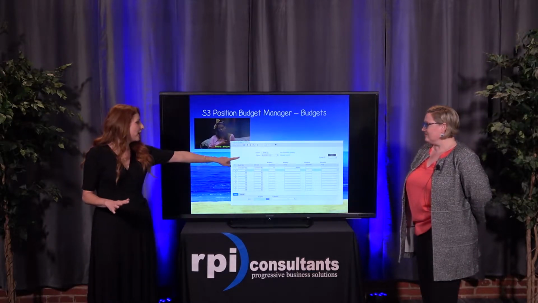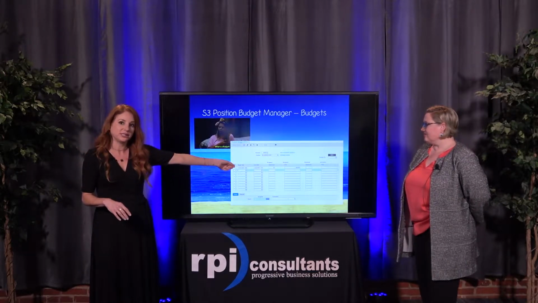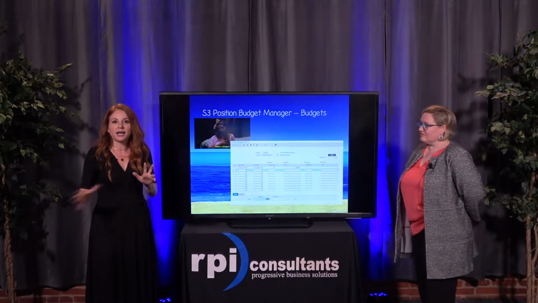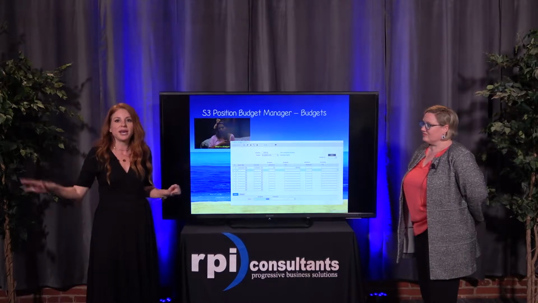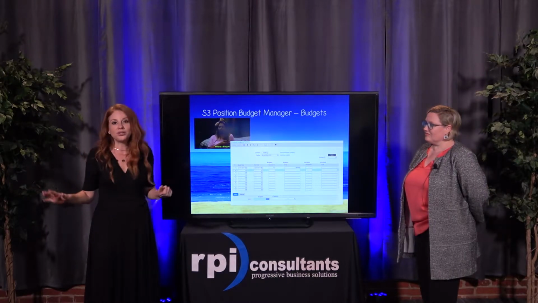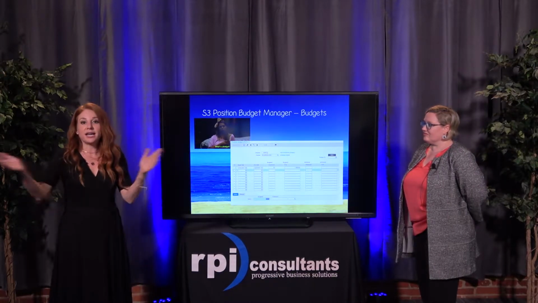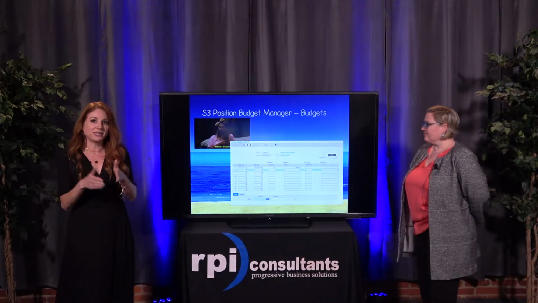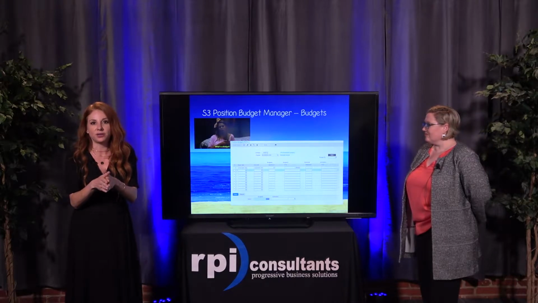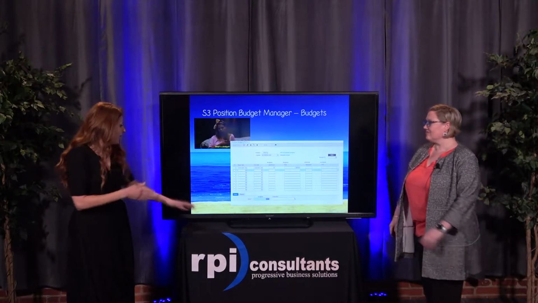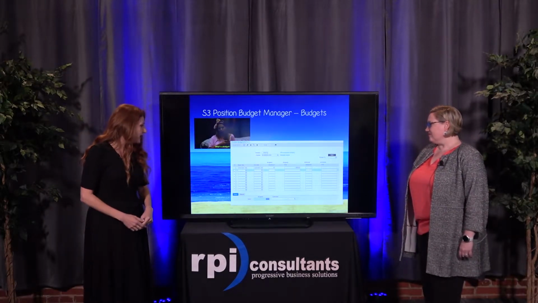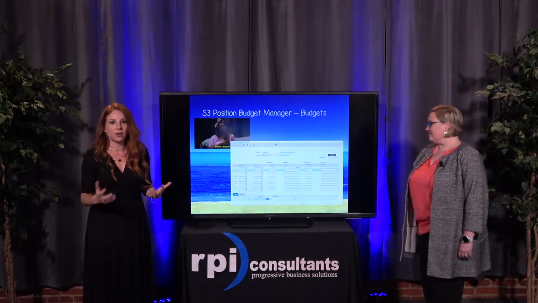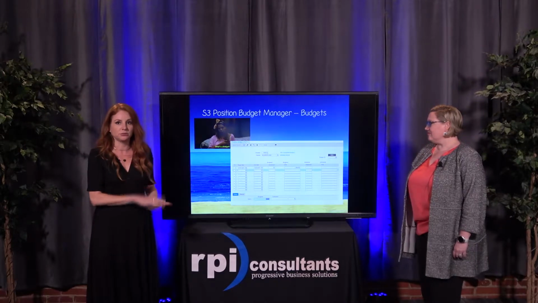Even though I have my budgeted 1 FTE per position, if I don't put an authorized FTE in there, then I can say, you know what, I've got 10 positions, but I'm going to have 0.25 FTEs, and that allows me the freedom without the rules of somebody saying I have to have a 1 FTE for every position. And then down at the bottom, you'll see my salaries. I can put the budgeted amount for each of those positions, so I can tie that back to the fiscal side.